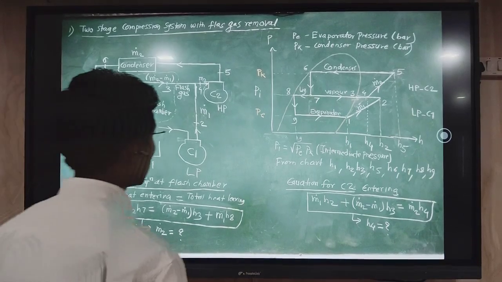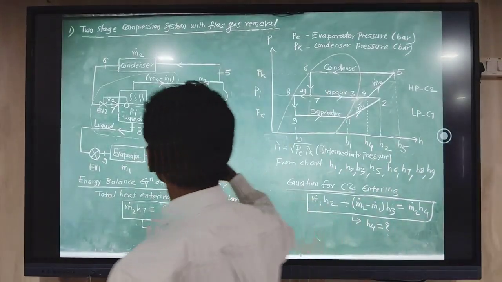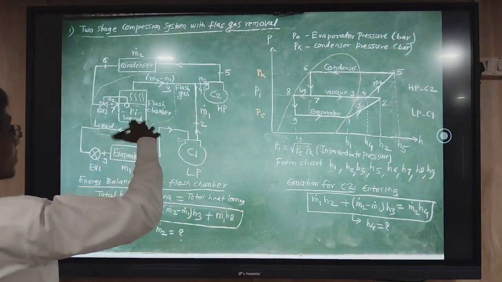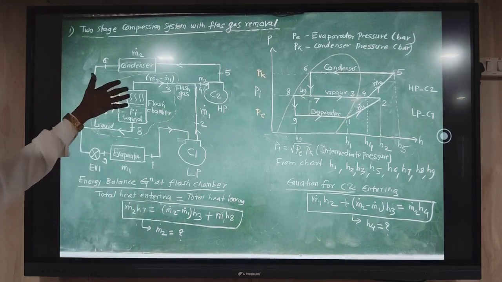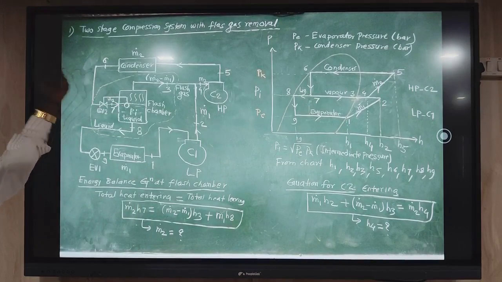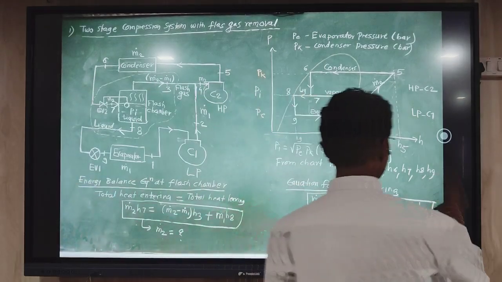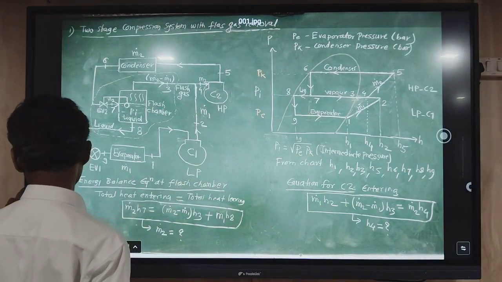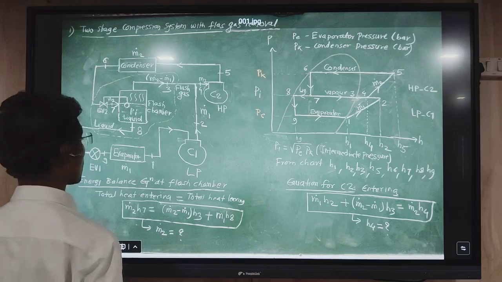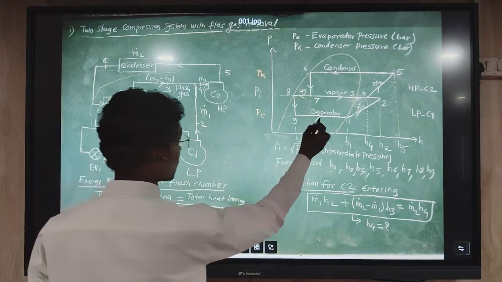Now we can see the analysis part of the system. We already studied the construction diagram. Now we will use the next concept, mass flow rate. Here two mass flow rates are required. If you see, this is the lower envelope, as I mentioned.